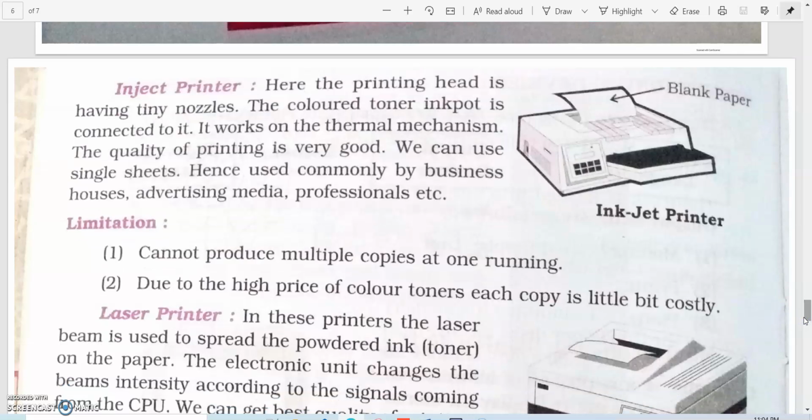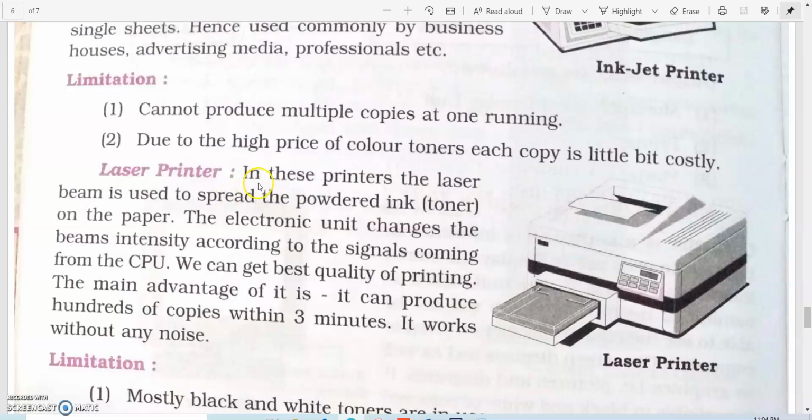Inkjet printer is a kind of printer which uses ink bottles. If you want to print a document in color format, it needs color toner. Actually, at the time of printing, it sprays the ink on the paper.